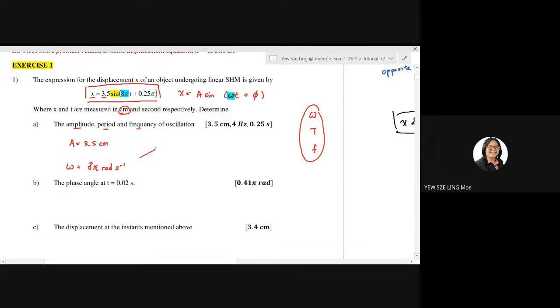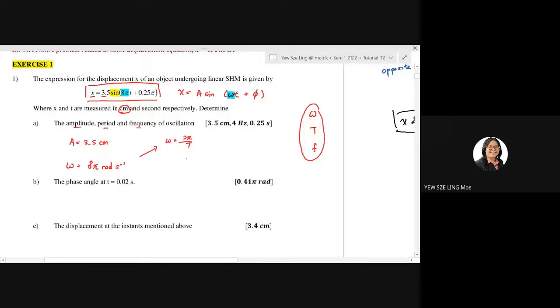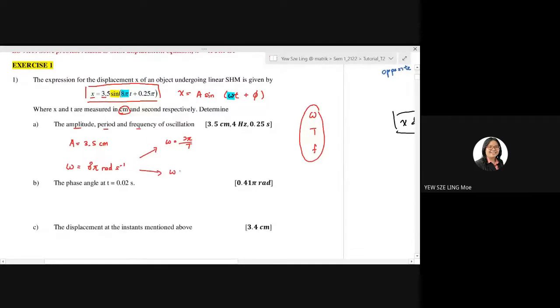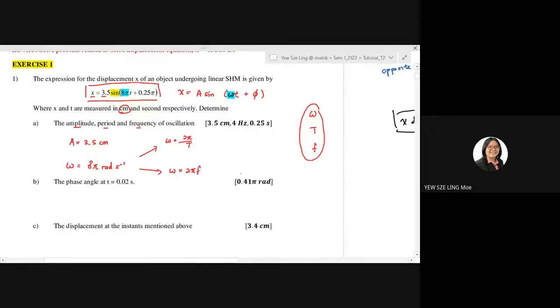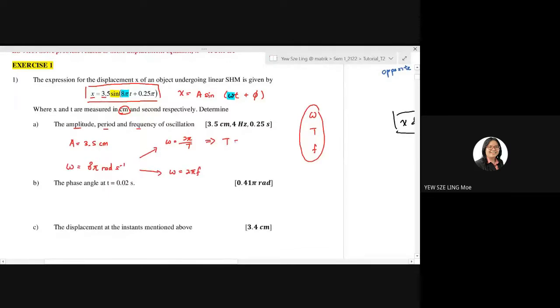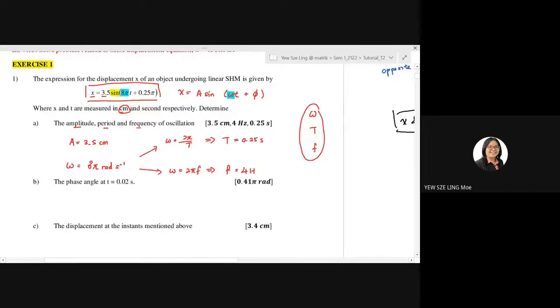Omega equals 2 pi over capital letter T, and omega also equals 2 pi f. So rearranging the equations, I can obtain T equals 0.25 second, and the frequency equals 4 hertz.